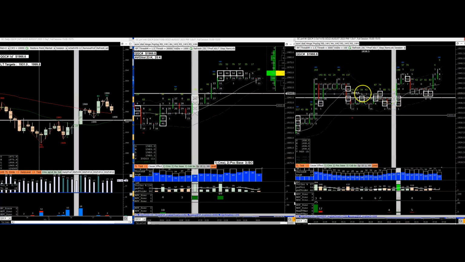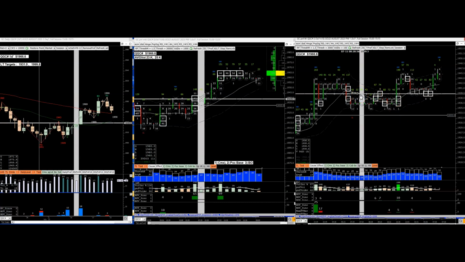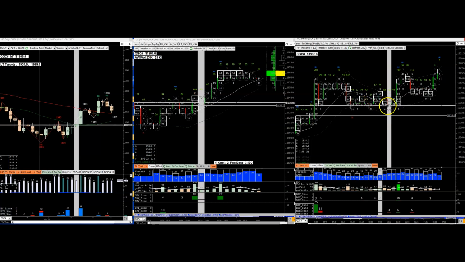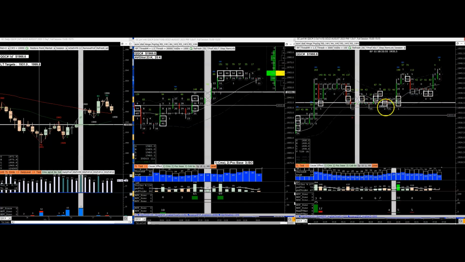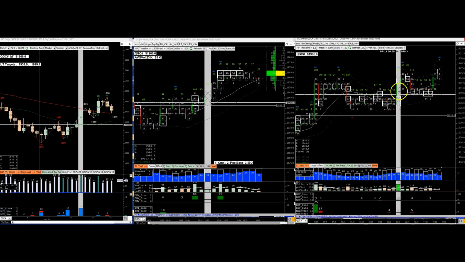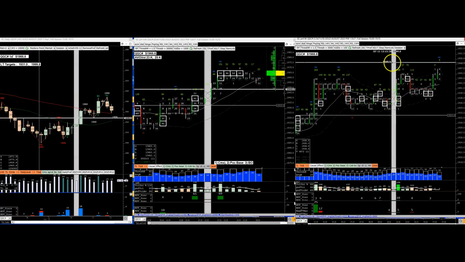This is reaccumulation here. And again, if it's just moving sideways, we don't know what it is. You don't know. I don't know. No one knows except those who are buying. We only know after the break that this is very likely reaccumulation because of the higher high and break.